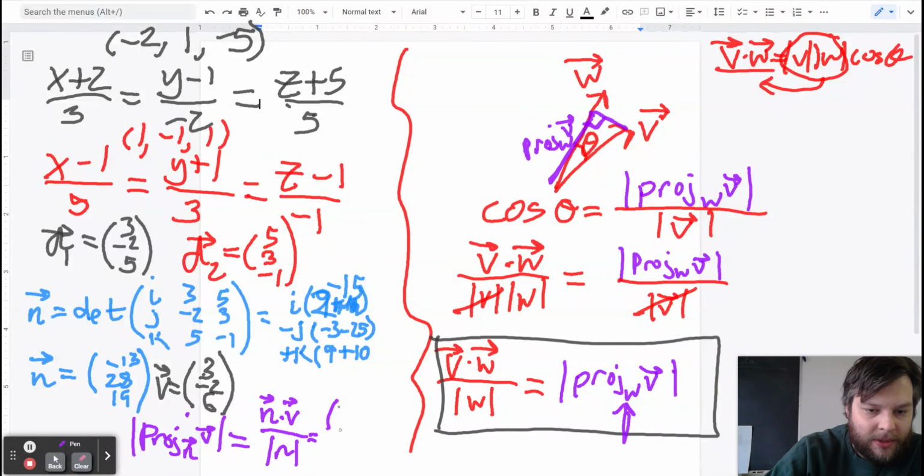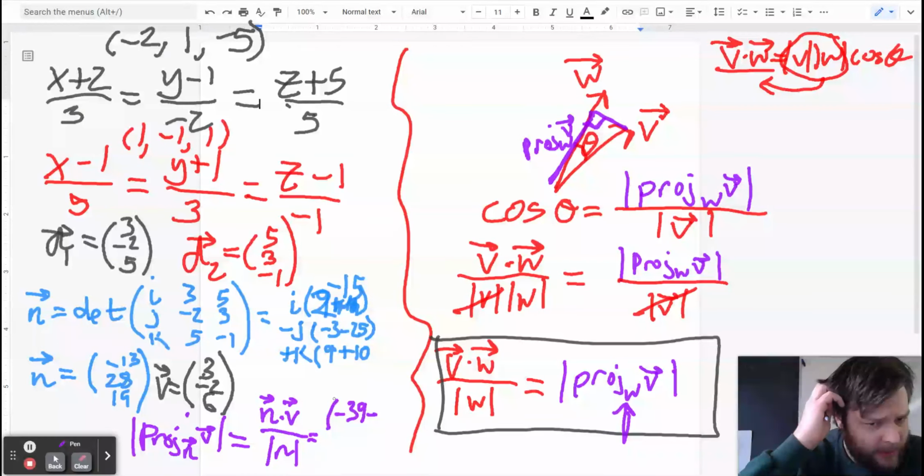And so that ends up being, let's see, the top is -13 times 3, so -39, 28 times -2. 28 times -2 is -56, right?